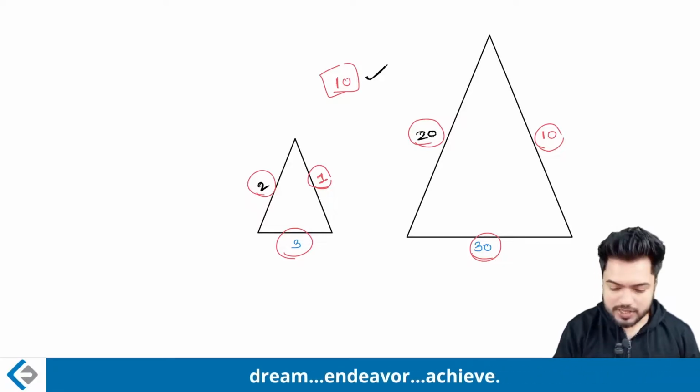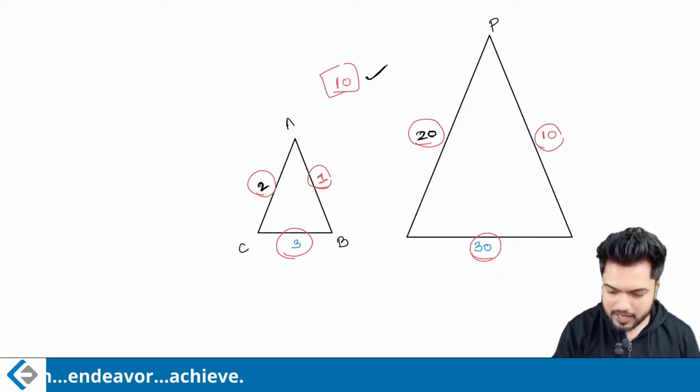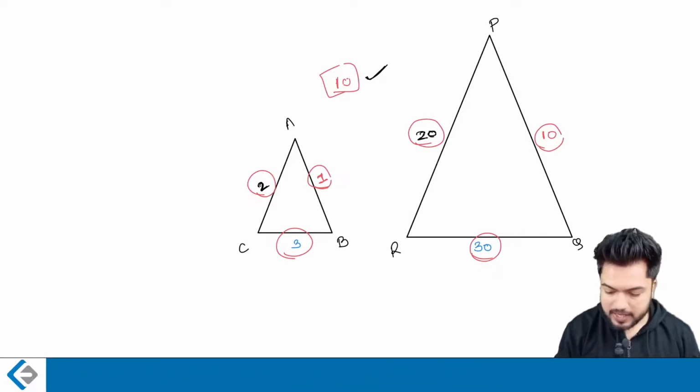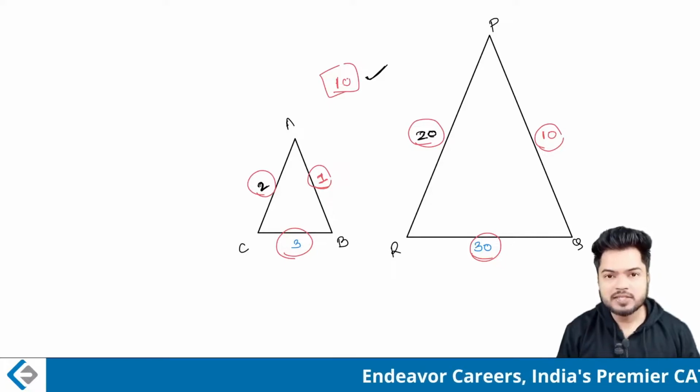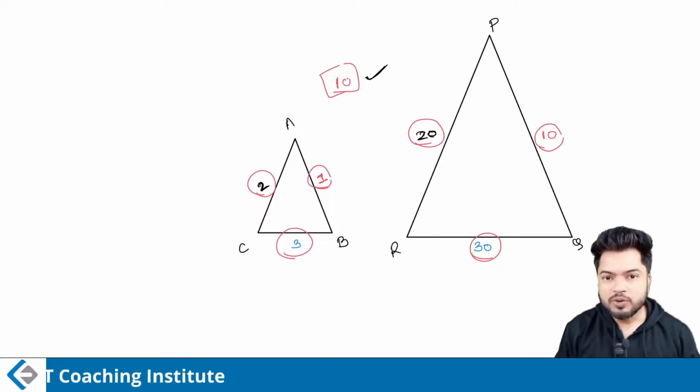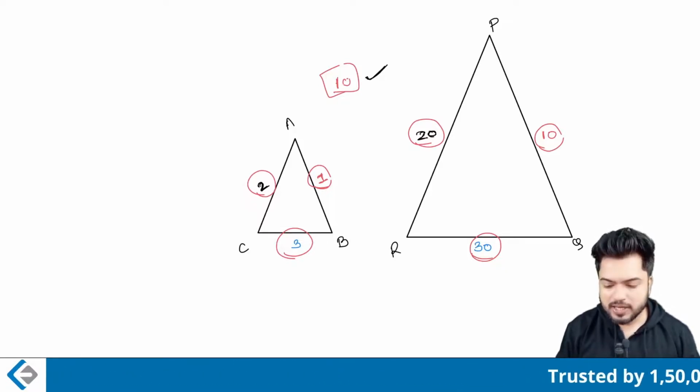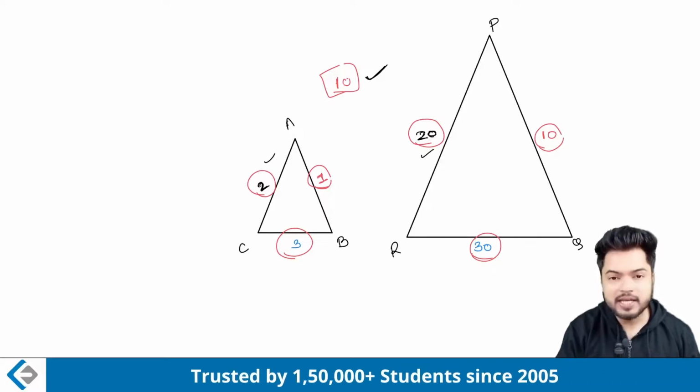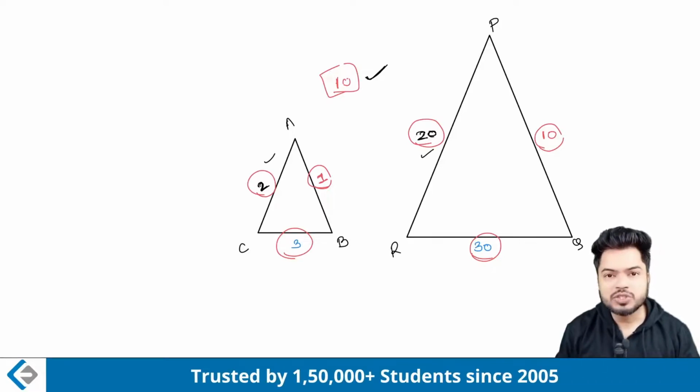So if I say this is triangle ABC, and it got magnified into triangle PQR, and it is being said to you that these two triangles are similar, what do you know then? You know that the ratio of their sides will have one constant term.